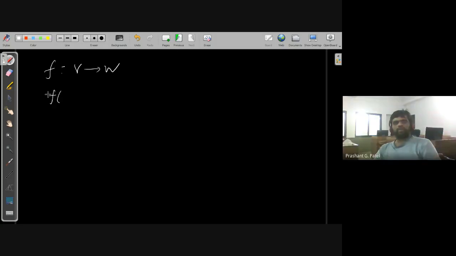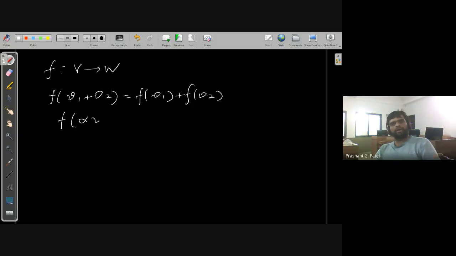So it preserves the vector addition and the scalar multiplication. That means f of v1 plus v2 is equal to f of v1 plus f of v2, and f of alpha v1 is equal to alpha times f of v1.